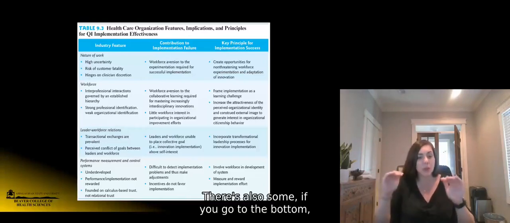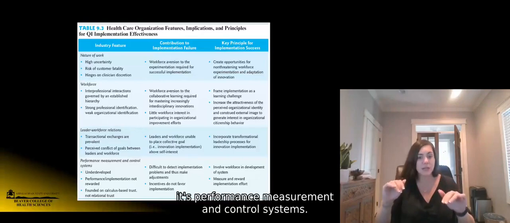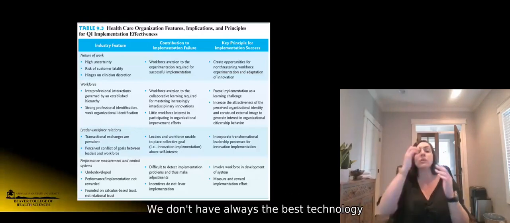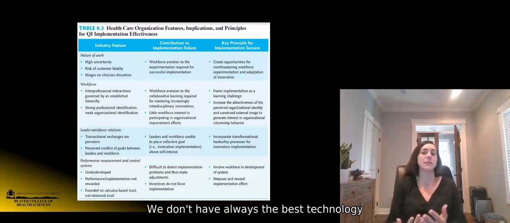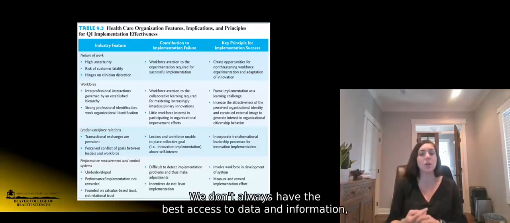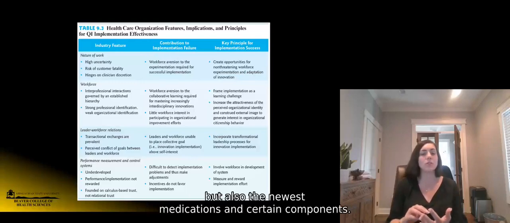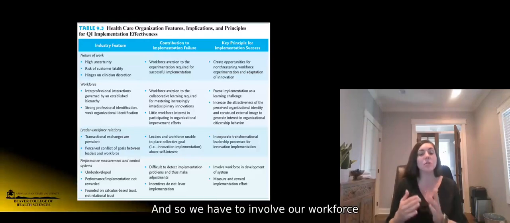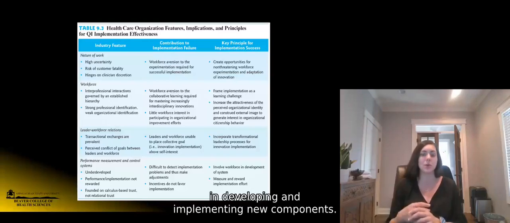There's also some, if you go to the bottom, it's performance measurement and control systems. We don't have always the best technology in some of our facilities. We don't always have the best access to data and information, but also the newest medications and certain components. And so we have to involve our workforce in developing and implementing new components.